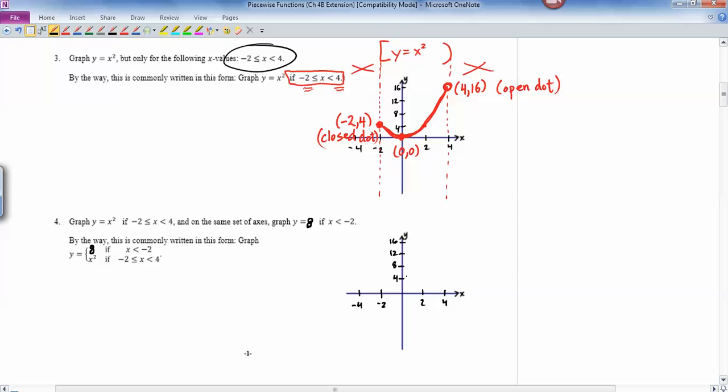I'm gonna have a piece of my graph for all the x values that are less than, sorry, less than -2. So I'm gonna have a region of my graph that's over on this side here, something over here. And then I'm gonna have another chunk of my graph that goes from -2 up to 4.